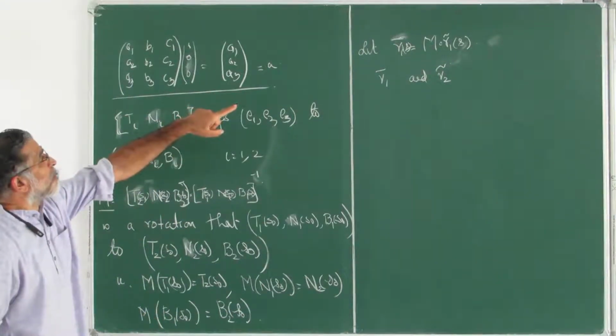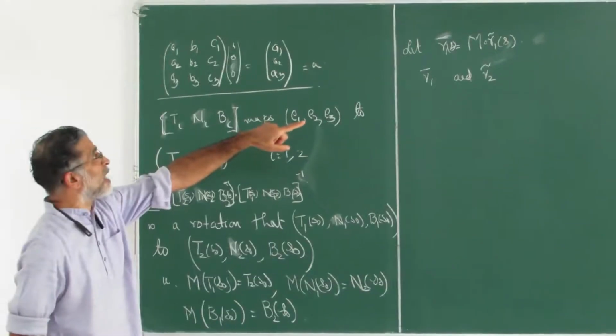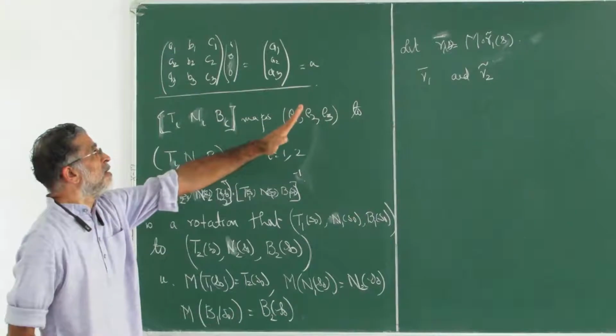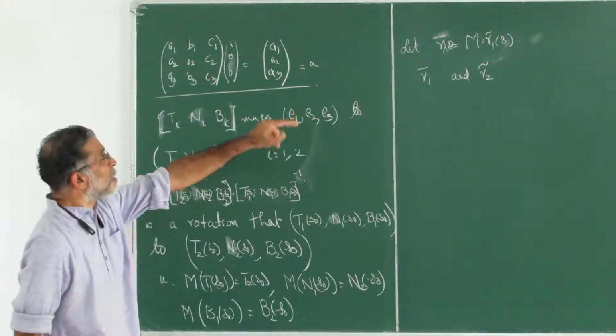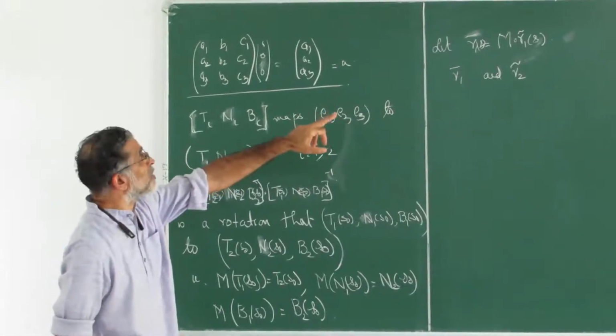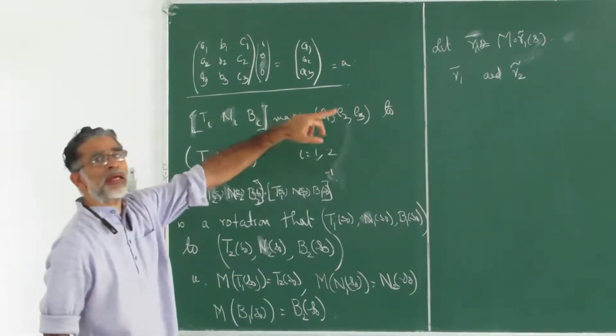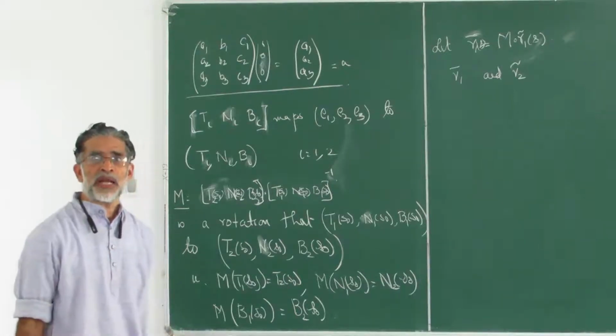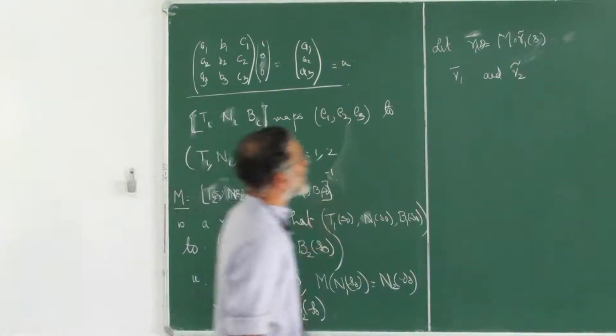If you prove gamma 1 bar is equal to gamma 2 tilde, that means you can get gamma 2 tilde from gamma 1 tilde by just applying a rotation. And then translation will give you gamma 1 and gamma 2. So this is the final thing that we will do.